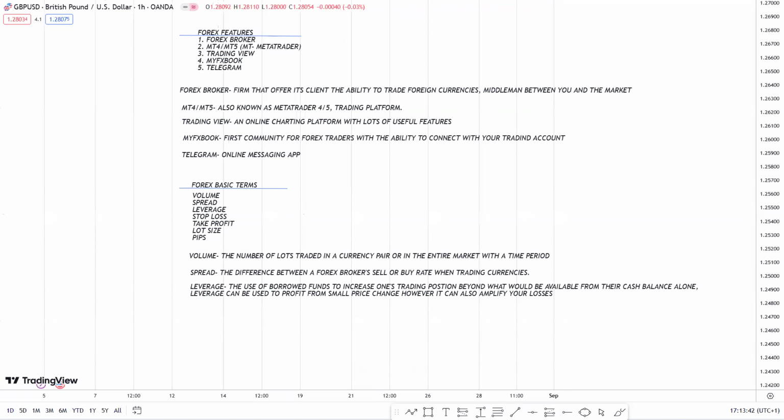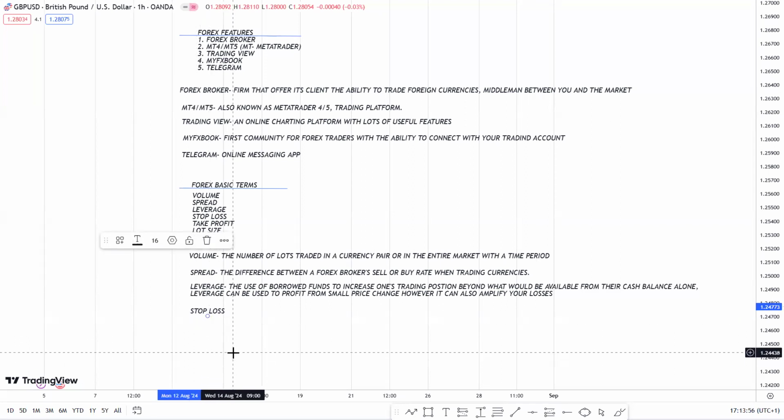So the next one we have is stop loss. As the name implies, stop loss is an order to trigger a stop in the market.